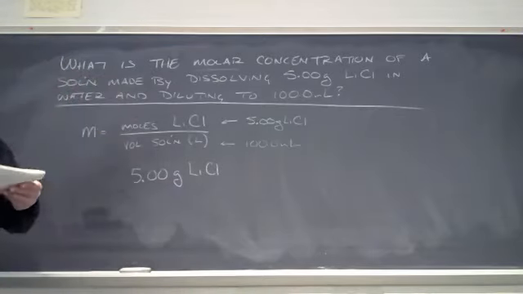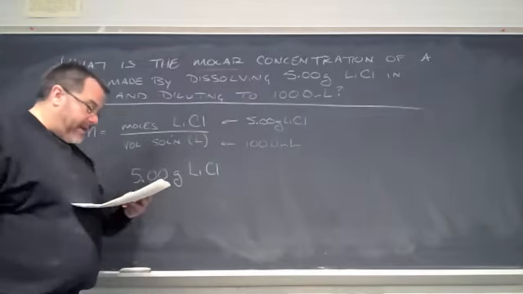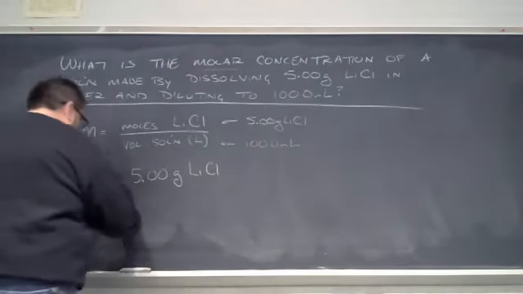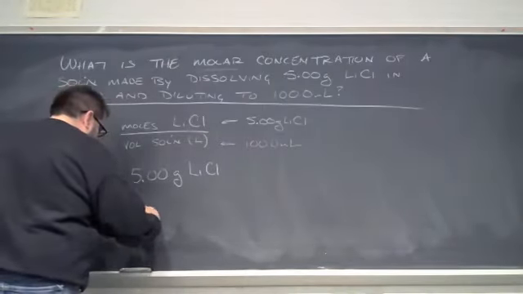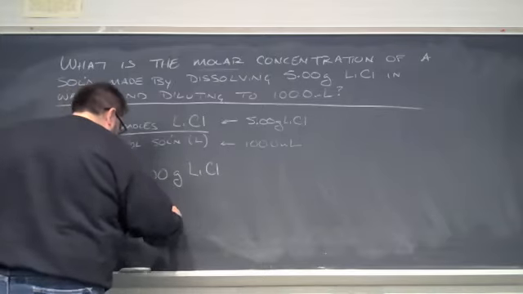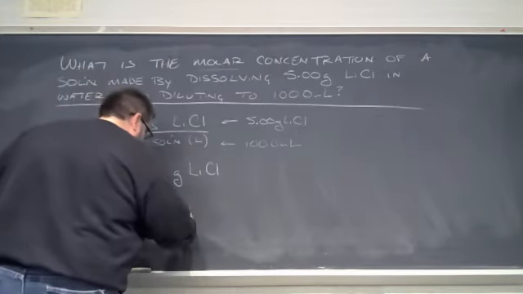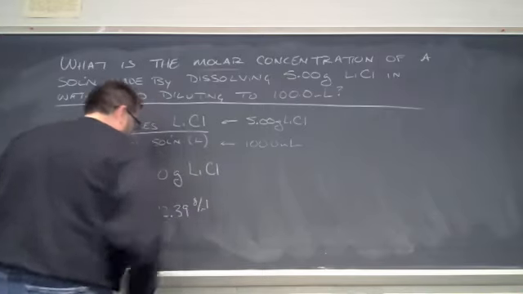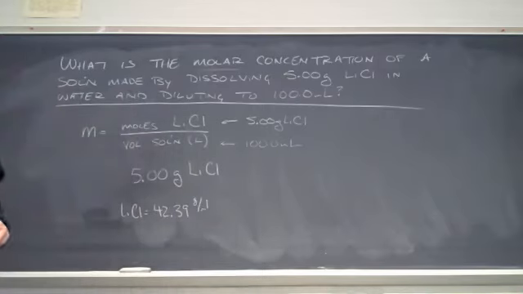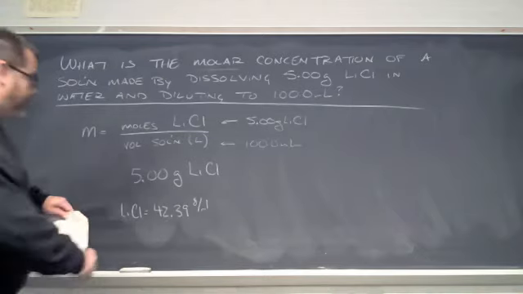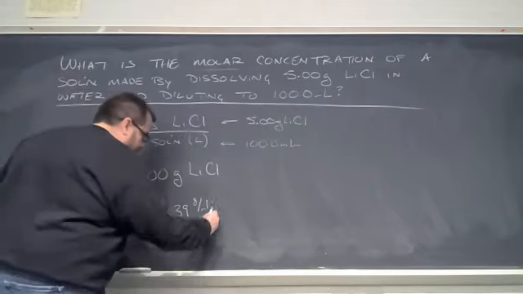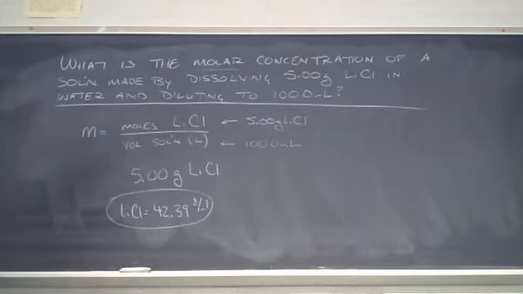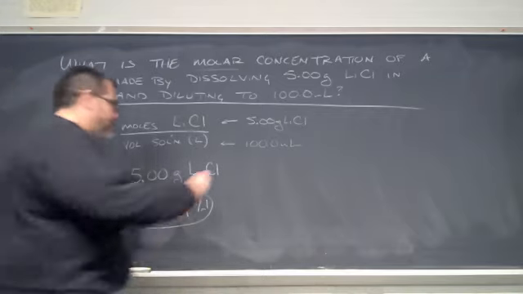If you've got the periodic table, you can calculate the molar mass of lithium chloride is 42.39 grams per mole. So this measurement here, this molar mass, can be used as a conversion factor.